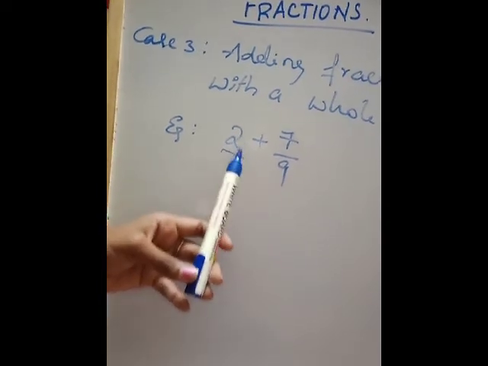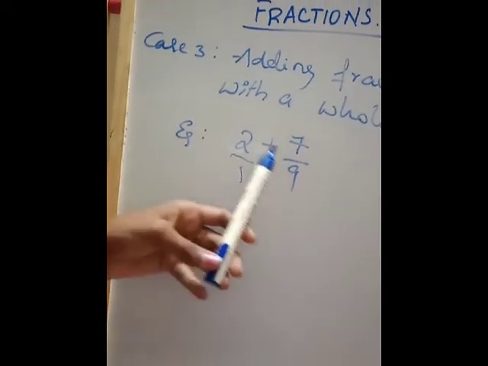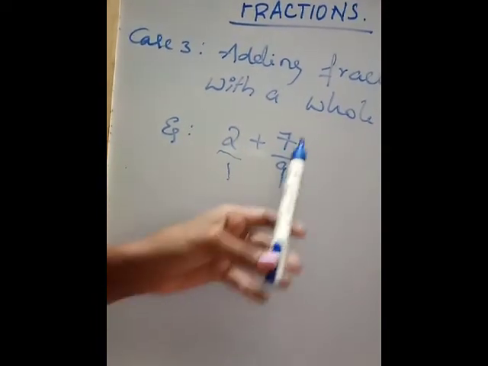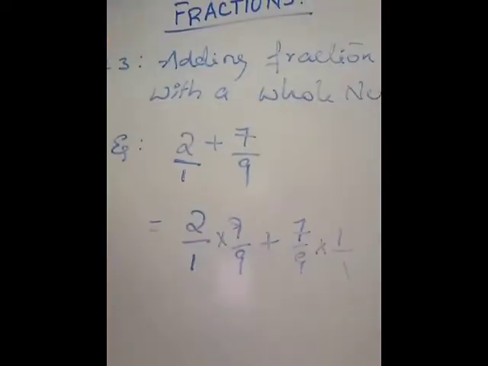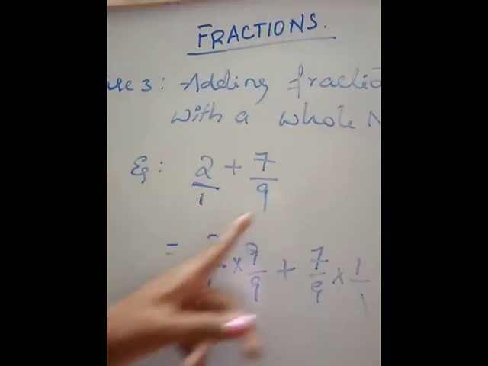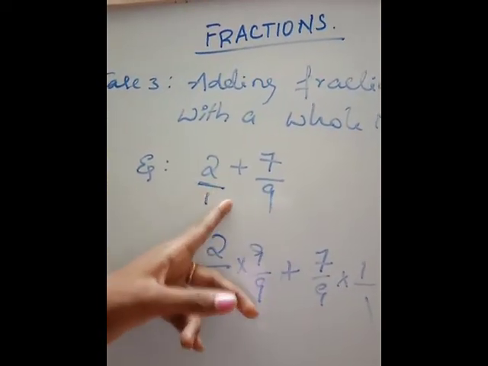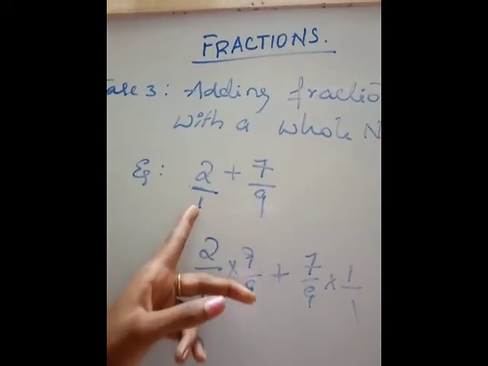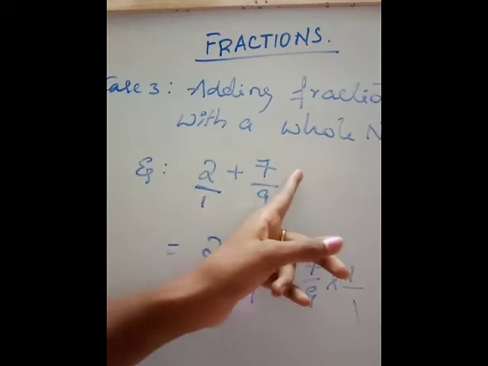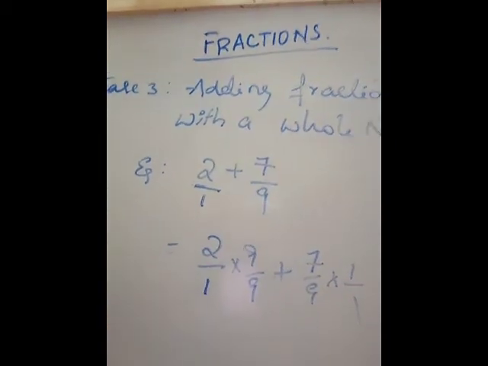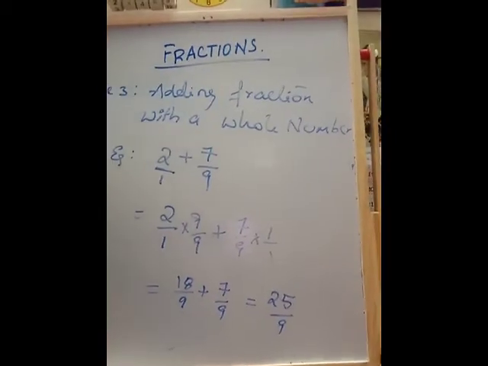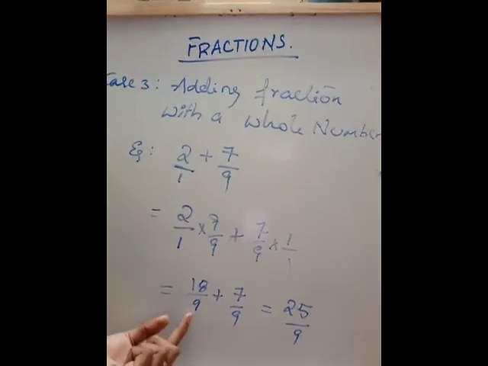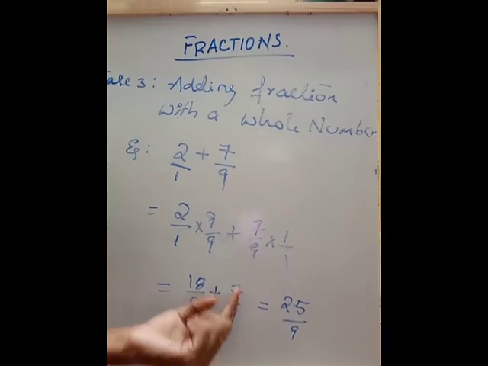So the same procedure you have to follow. Multiply 9 by 9 here, and 1 by 1 here. I am multiplying 2 by 1 into 9 by 9. For 7 by 9, what is the denominator here? 1. So I am multiplying with 1 by 1. 2 into 9, 18. 1 into 9, 9. 7 into 1, 7. 9 into 1, 9.